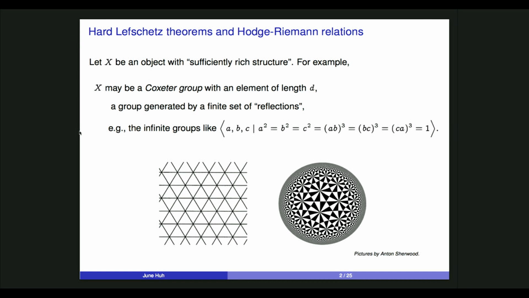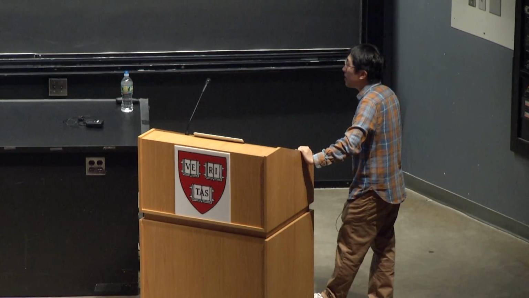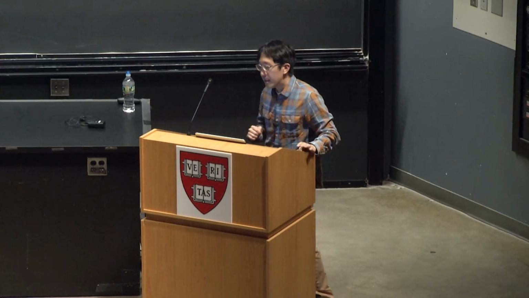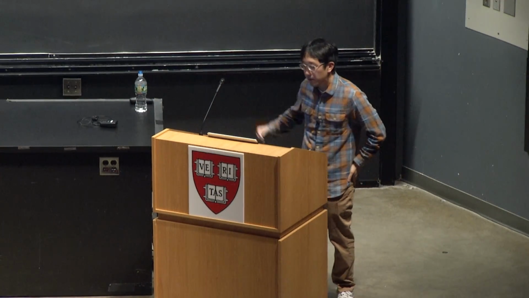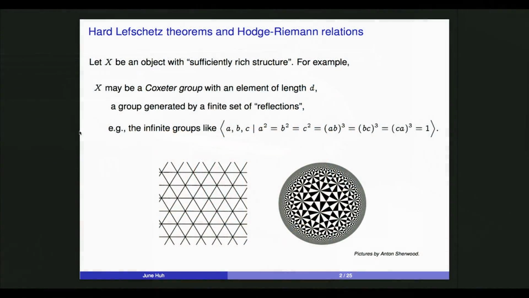Or maybe you like highly symmetric objects, and your X may be a Coxeter group with an element of length D. So let's say a group given by generators and relations of a particular type, a^2 = b^2 = c^2 = (ab)^3 = ... = 1. Maybe it corresponds to some nice, very symmetric pictures like this or that. That, again, counts as a valid object X.